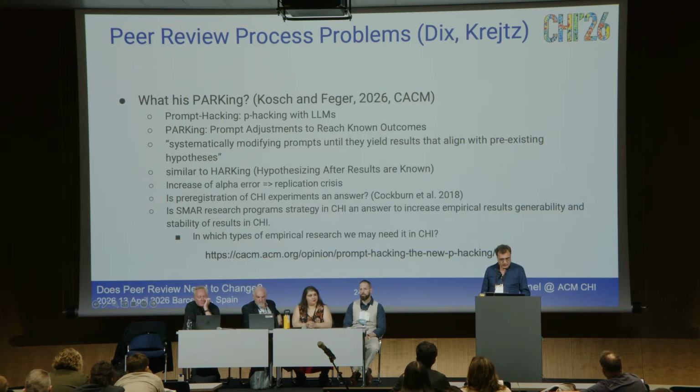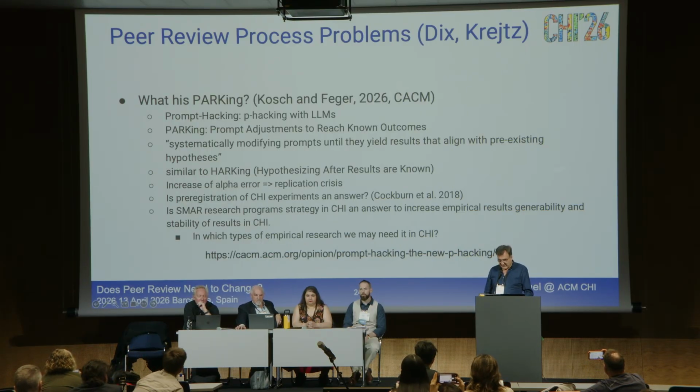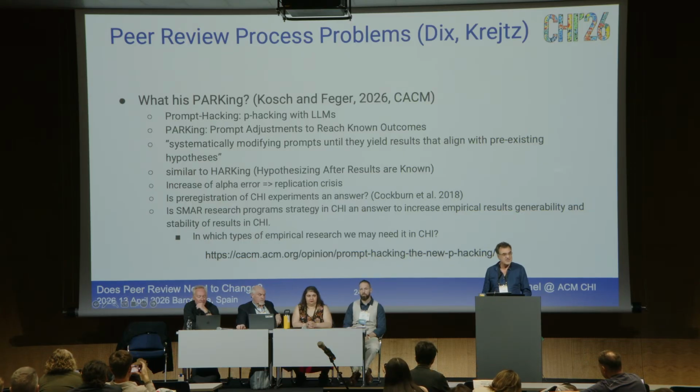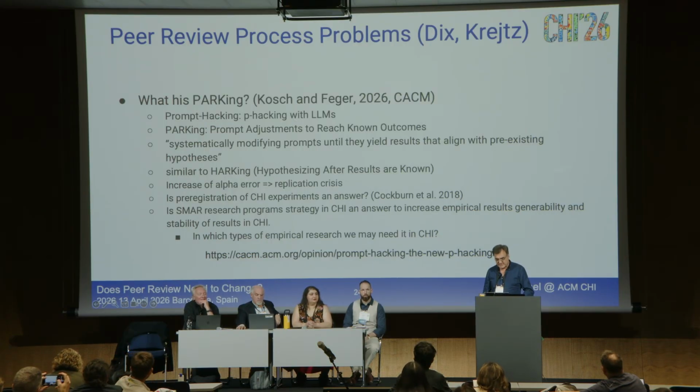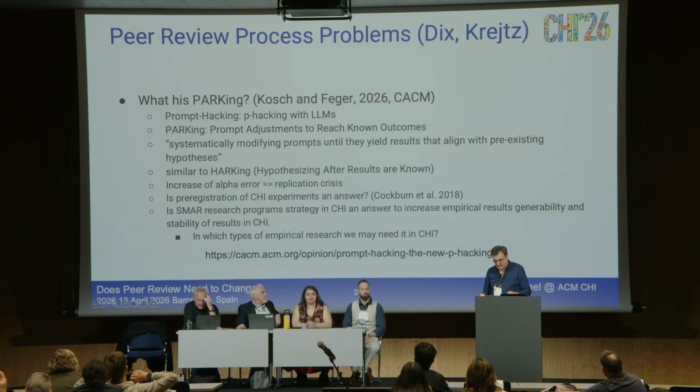And of course, we all see that now large language models make it easier to manipulate research workflows by repeatedly changing prompts until you get the output that you want. So this is a variant of torturing the data. Now you torture the prompts, or you torture the LLMs and your model, until you get parking: prompt adjustments to reach known outcomes.